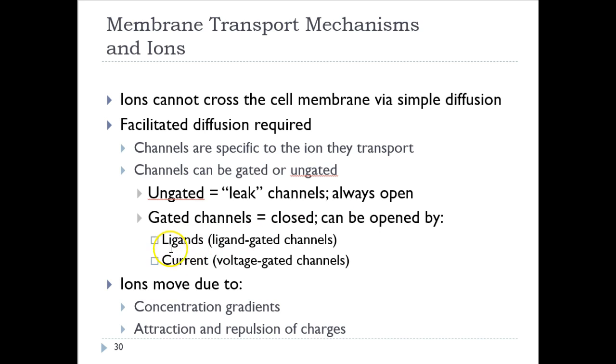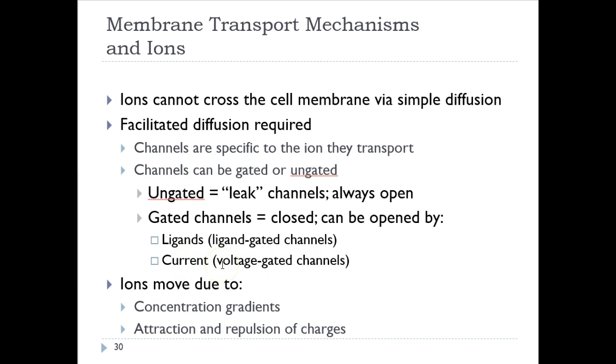So a ligand is a protein that, when some specific item comes and attaches to it, is going to open. A ligand is kind of like a key, and when that protein and that key come together, that channel will open. Another type of gate that opens is called a current. So that's going to be a voltage gated channel.